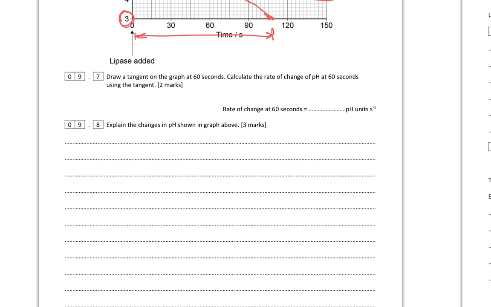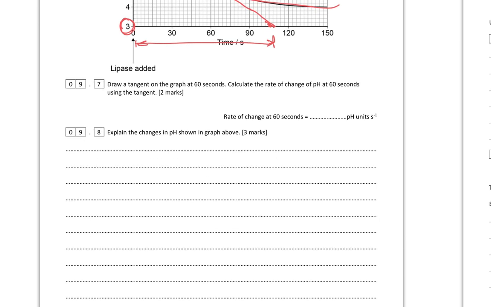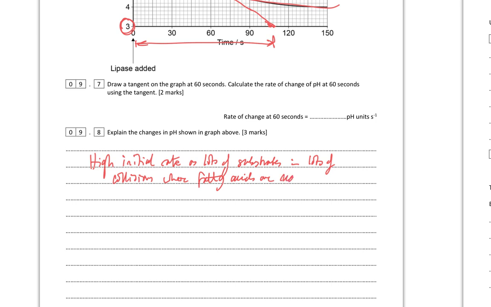So there's a high initial rate, lots of substrate, therefore lots of collisions where fatty acids are produced that lower pH.